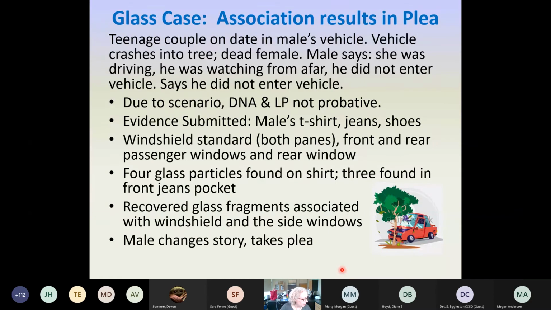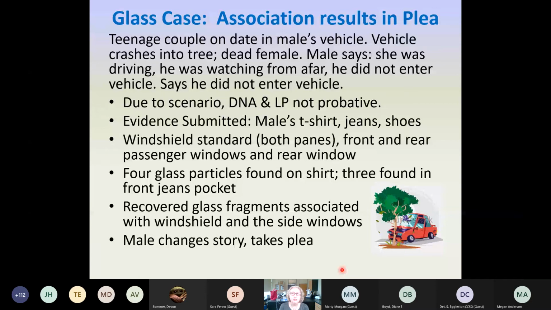So, wrapping up with another case example. This one happened, I think, 5 or 6 years ago now. The scenario is that we had a teenage couple on a date in the male's vehicle. The vehicle then somehow crashes into a tree and the female is deceased.